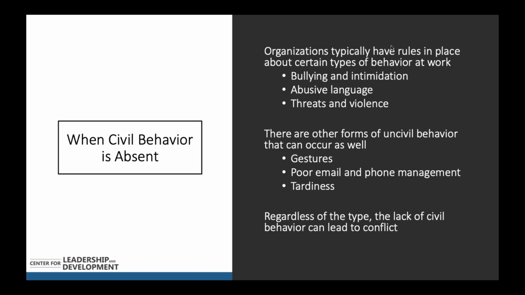Certainly threats and violence within the workplace. There are rules that organizations have, written or not, depending on the type of situation. But we need to understand what those rules are, and people need to be clear on what those rules are as well.